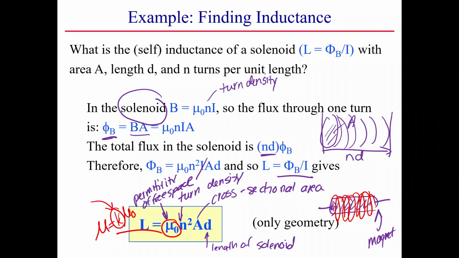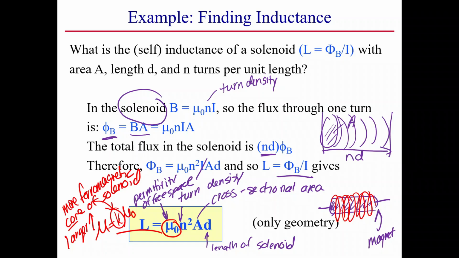So this is going to be some sort of constant. I don't remember what variable they use, but it's kind of like the dielectric constant. So the idea is the more ferromagnetic your material, the core, we call it the core of the solenoid, the larger mu.